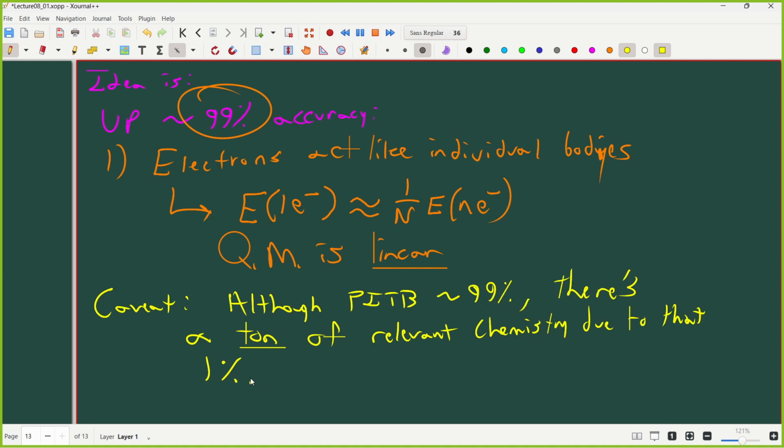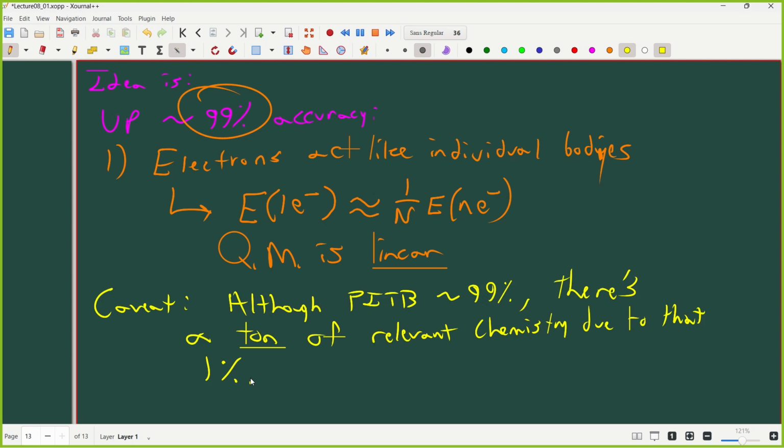Right? But the fact of the matter is that if this were the only thing that were true and electrons truly never interacted, then every molecule would look exactly the same and it would function the same. All the molecules look like particle in the boxes, and their absorption properties and their chemical reactivity and all of that all kind of look like particles in a box of different sizes with different number of electrons, right? There's not a lot of chemical diversity in that, right? It doesn't matter what atoms you have.